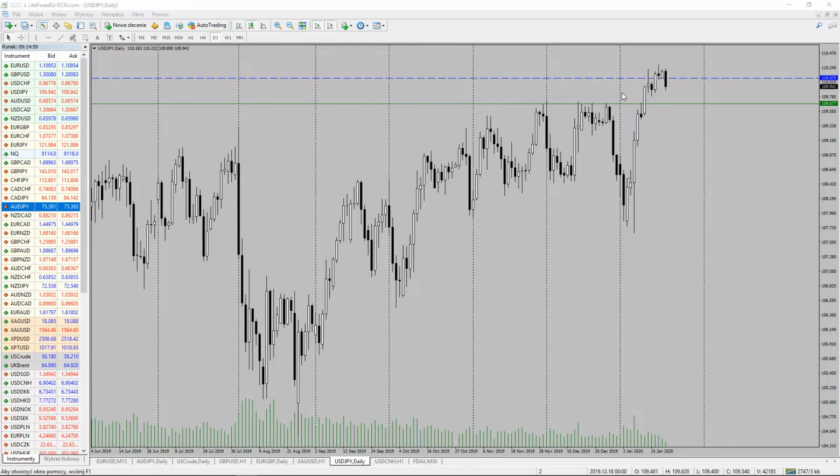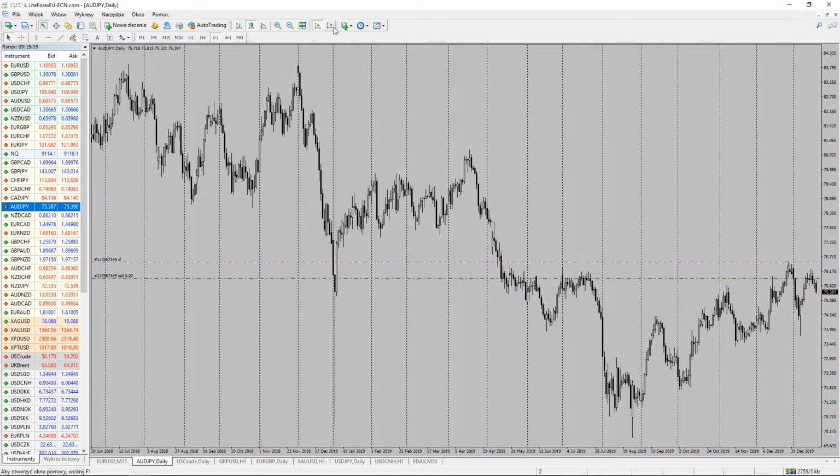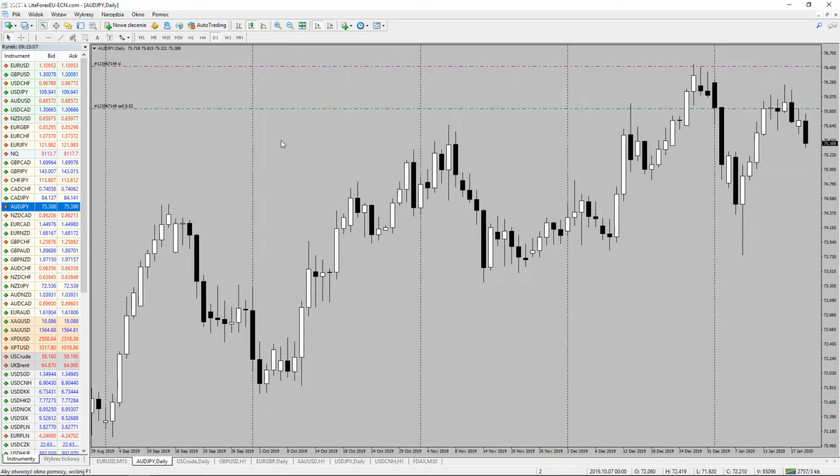On the other front, we have Aussie yen, where I've been sitting for quite a few days already. I'm sitting short, and finally, it looks like the market is trying to take off a little bit lower. Now the main question is where we are going to get the daily close.